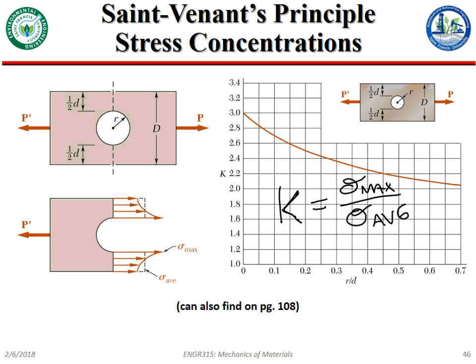So if I'm looking at this cross section here, it has some area A, and I know the load P. Sigma average would just be my usual P over A.